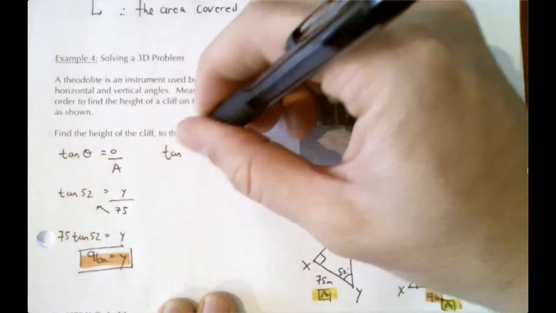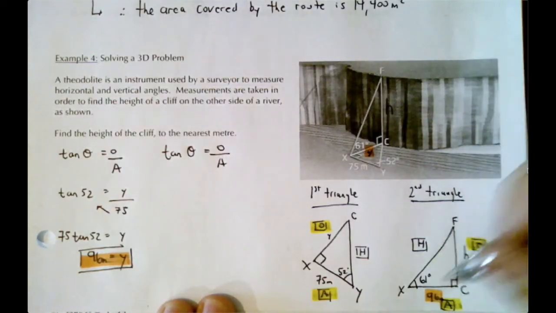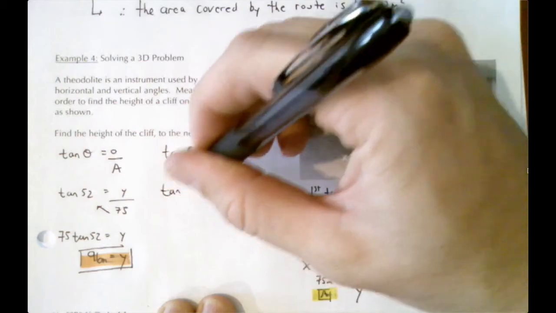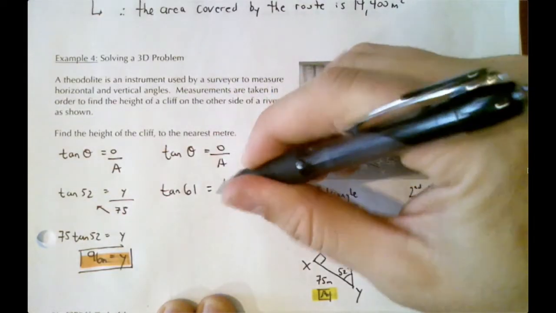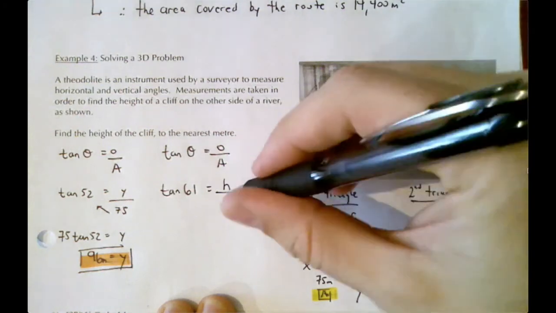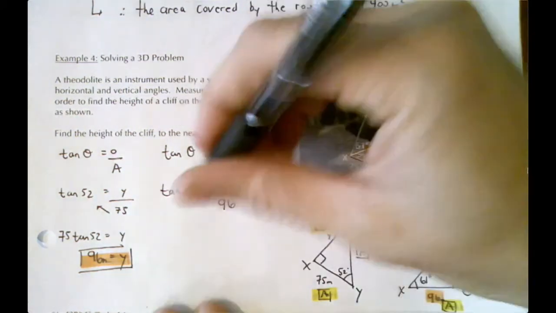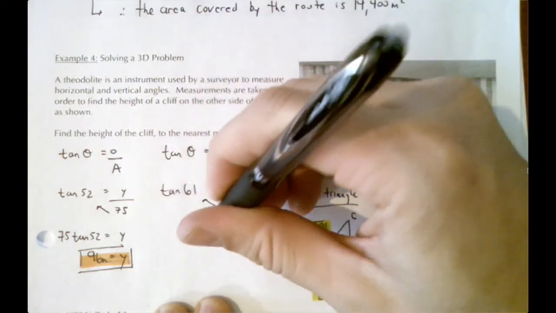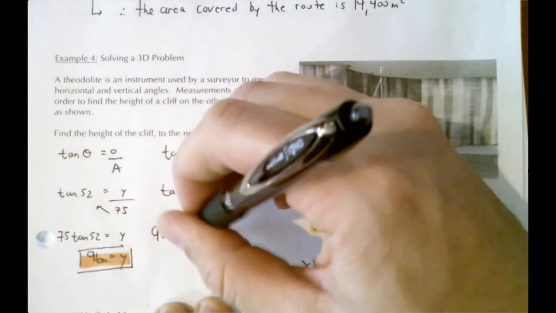So we've got tan theta equals O over A. Now our theta is 61, so we got tan 61. Our opposite is the height we're looking for, and our adjacent is 96. It's even the same solve step. Bring the 96 over and multiply, and that'll give us our height. 96 tan 61.